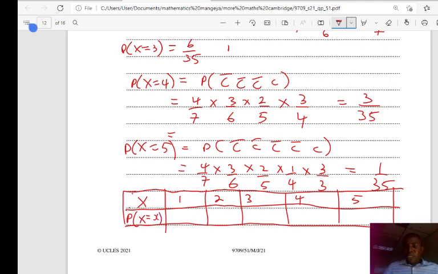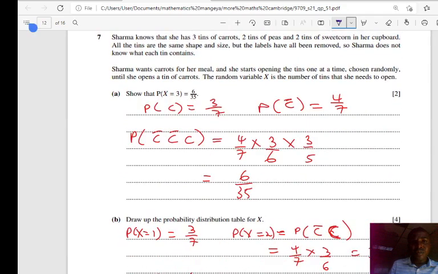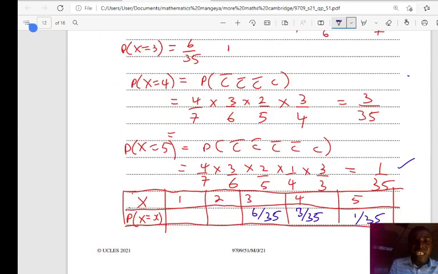We can start with the values we got at the end. X equals 5 is 1/35. X equals 4 is 3/35. X equals 3 is 6/35. X equals 2 is 2/7. Then 1 is 3/7.